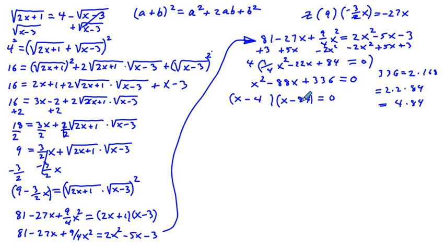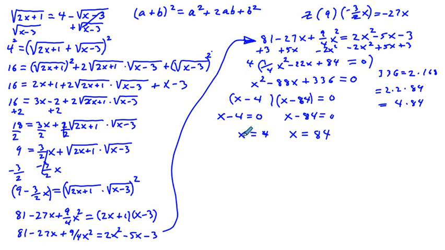And then using the zero factor property or zero product property, we know that x minus 4 is equal to 0, and likewise x minus 84 is equal to 0. So x is going to be equal to 4, and also x is equal to 84. So now we have our solutions.